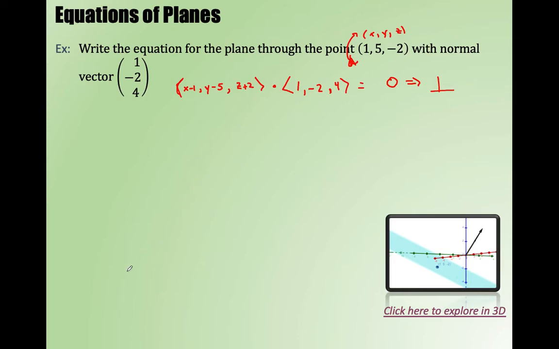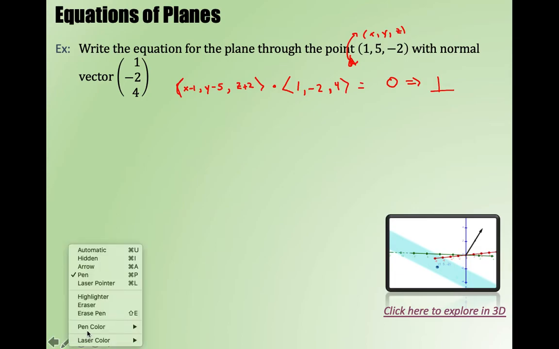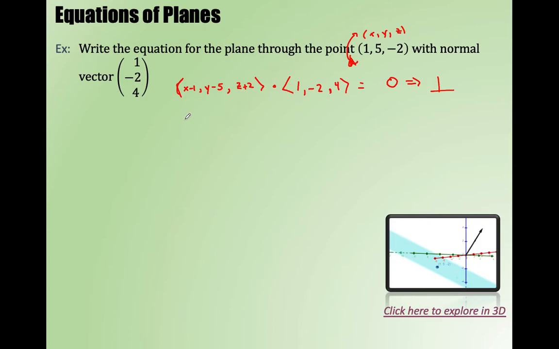So let's do the dot product then. One times x minus 1, minus 2 times y minus 5. I just like to put the multiplier first, right? You don't have to. Plus 4 times z plus 2 has to equal 0.